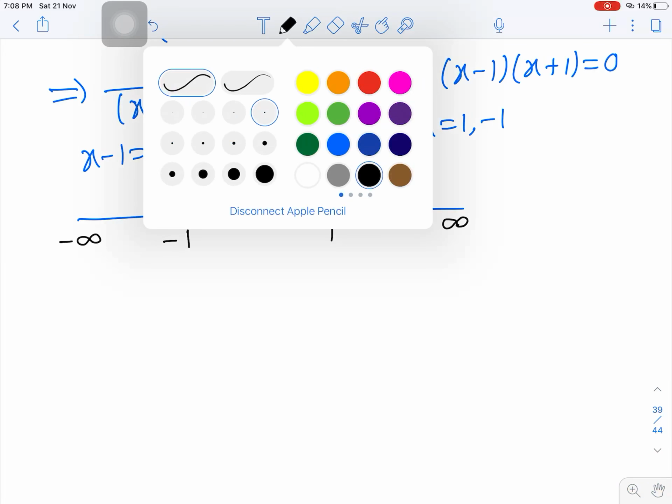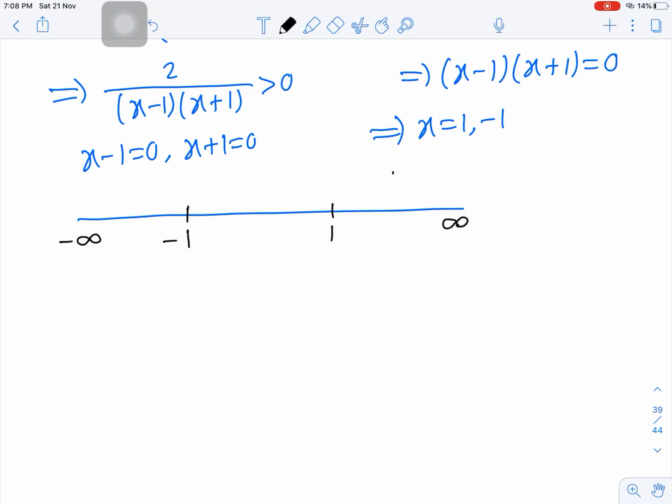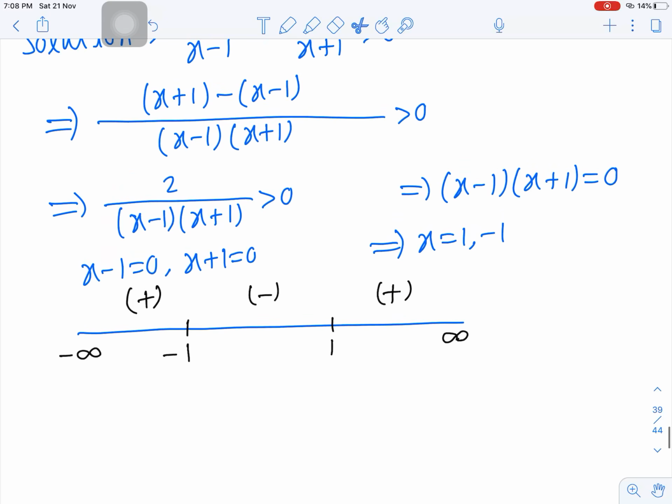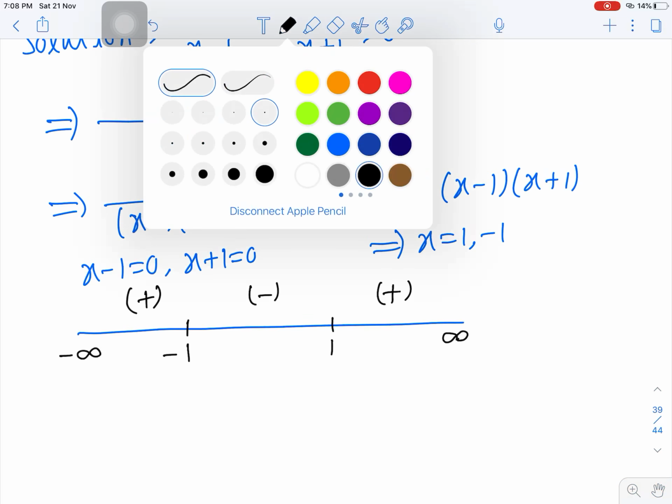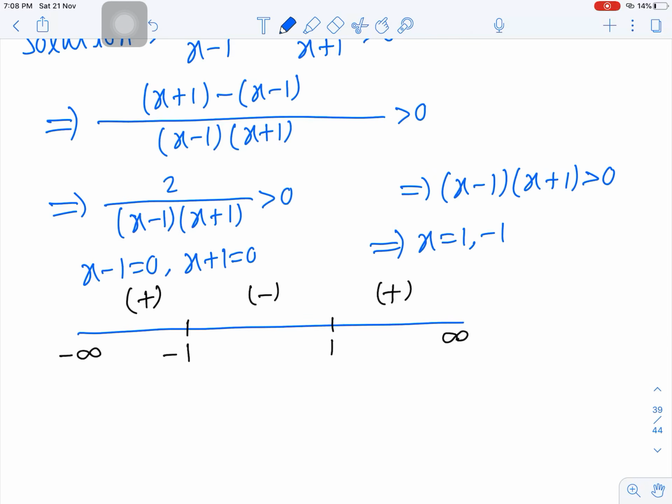Okay, then we will start from here. So over here from the rightmost, the sign will be positive, then negative, then positive. In this case we want the positive sign.